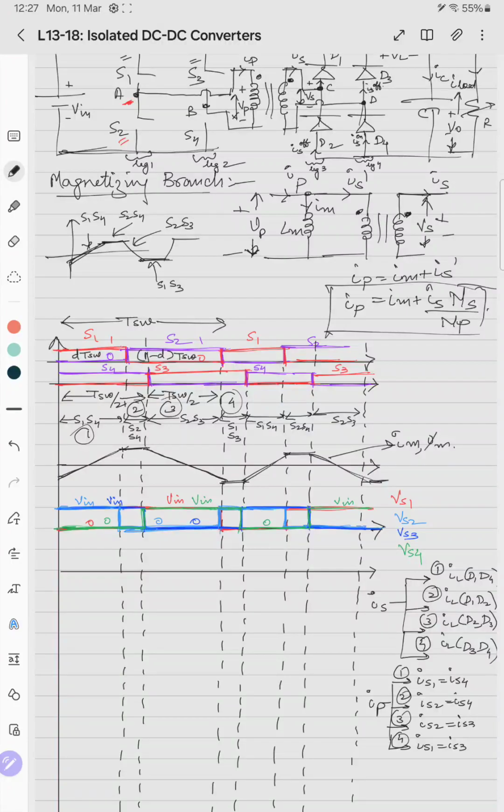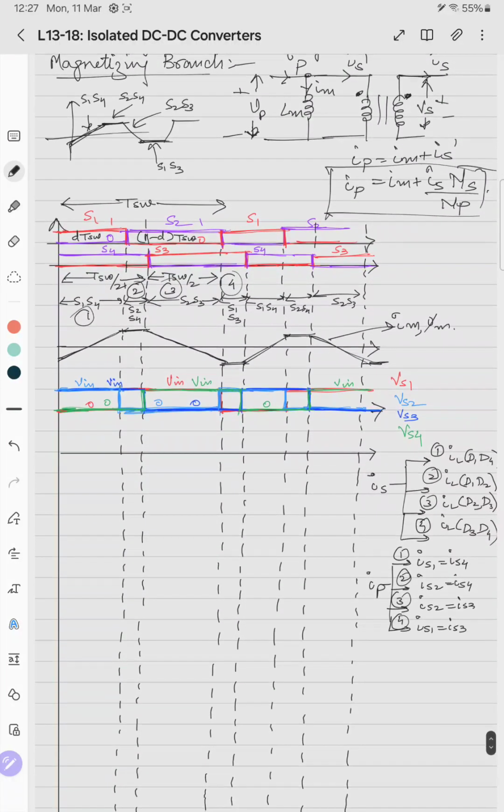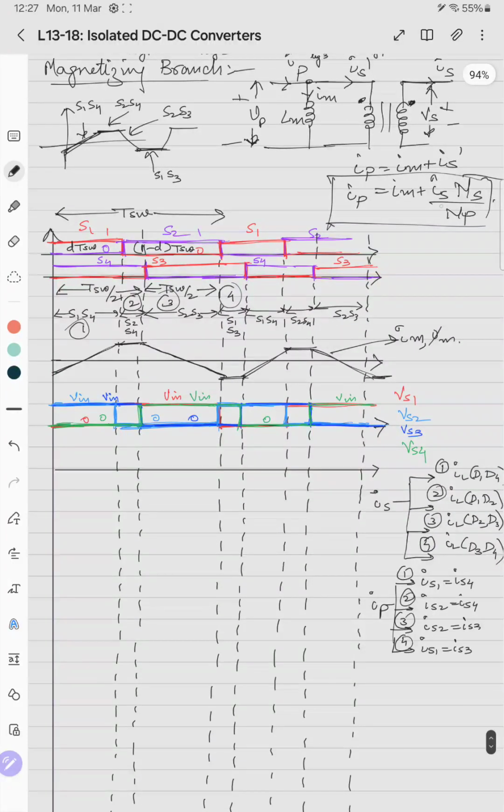So now what you can write is that for case 1, ID1 equals ID4 equals IL, and IS1 equals IS4. Basically here, in this formula we can write Is equals IL only. If you want to write the expression of primary current, IP is Im plus IL into NS by NP.